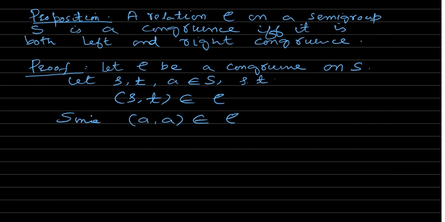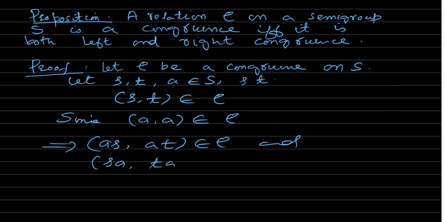So now we apply the compatibility. Since the relation is compatible, if we have two pairs which are rho related, then the product is also rho related by compatibility. So this gives as, at belongs to rho, and sa, ta belongs to rho, and hence rho is a left as well as right congruence.